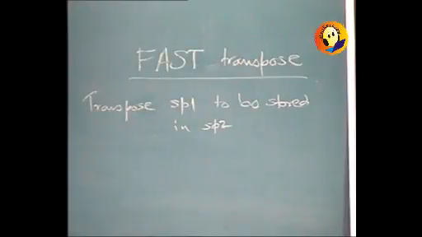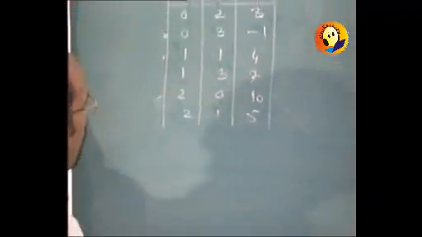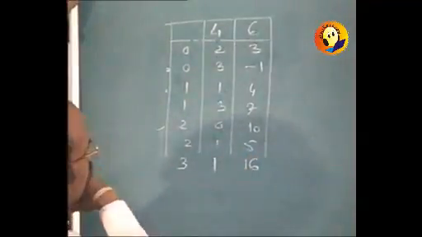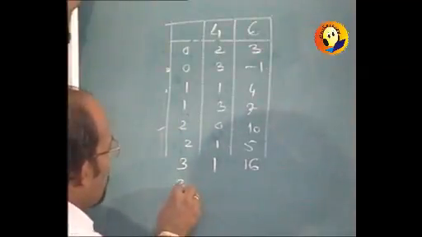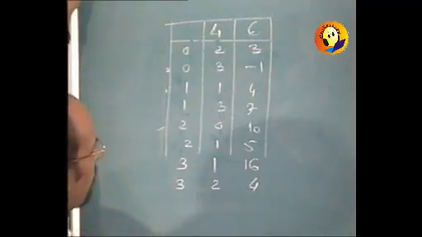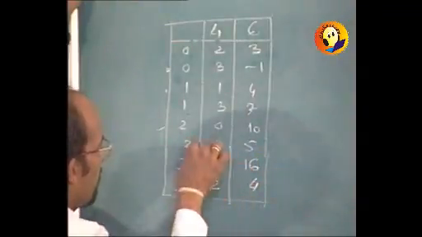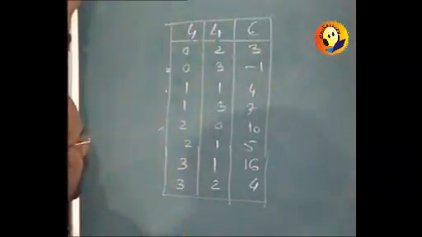I am changing the example slightly, so I am adding one more row to it, making it 4 by 4.